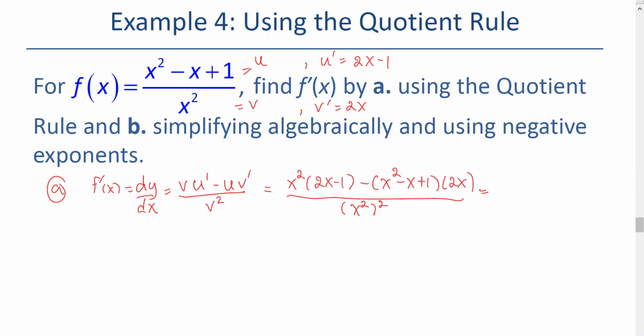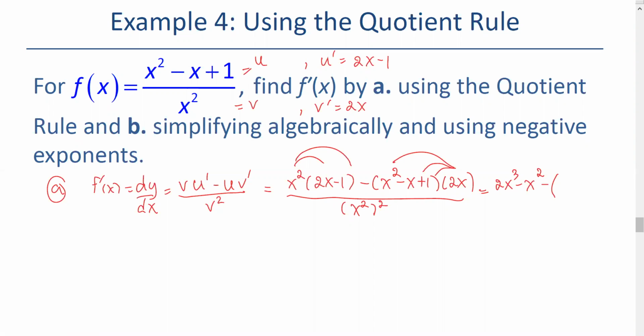And then we simplify. Multiply x squared by 2x and negative 1, which gives us 2x to the third minus x to the second. Similarly for the second product, put the parentheses here and apply the negative sign later.